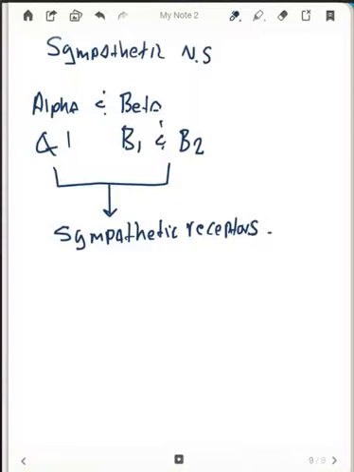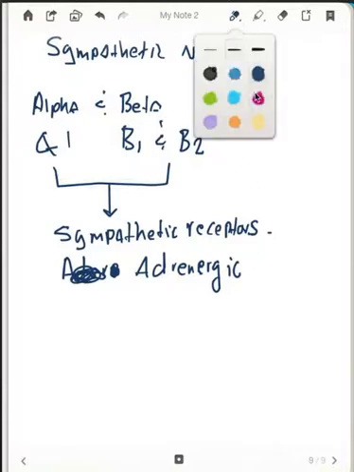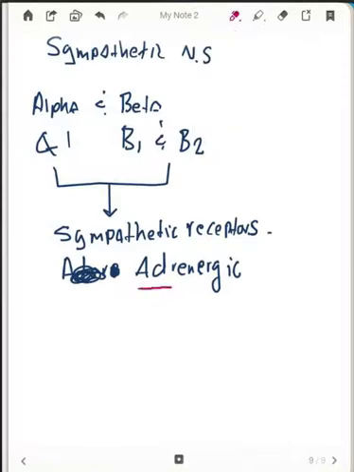Sympathetic receptors, or sometimes we may even hear the term adrenergic. Adrenergic receptors, okay? And an adrenergic receptor, I just think of ad as in adrenaline.